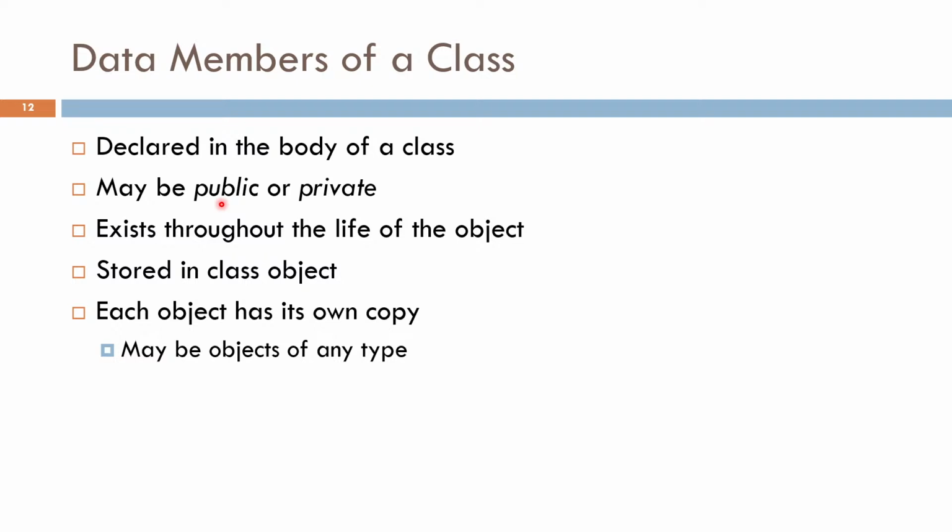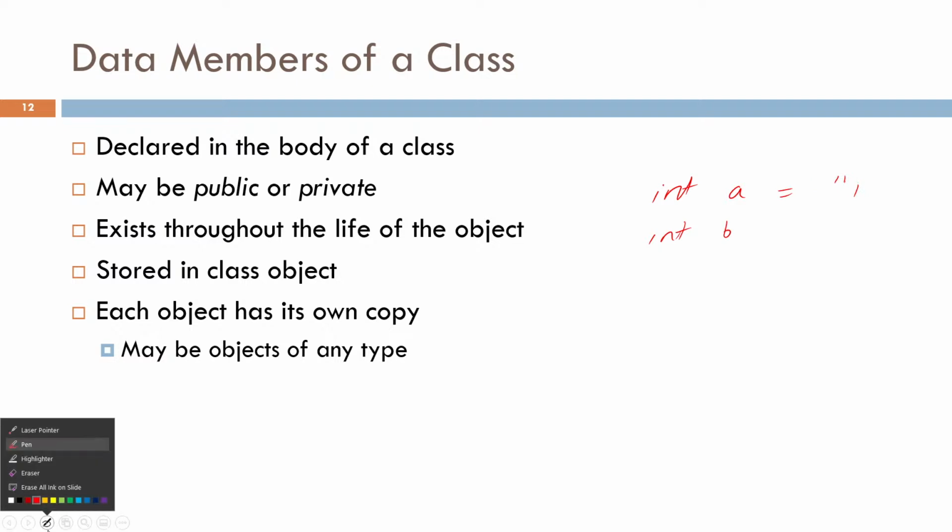Just to simplify, if we had two integers, int a and int b, and a stores a value of 1, and int b stores a value of 2, we know a has its own value of 1 and b has its own value of 2.